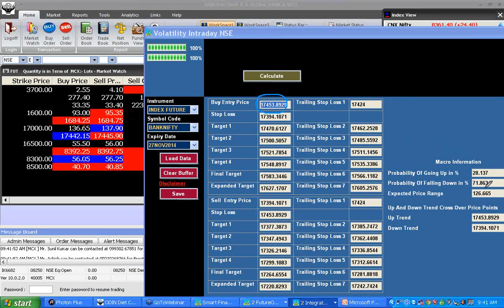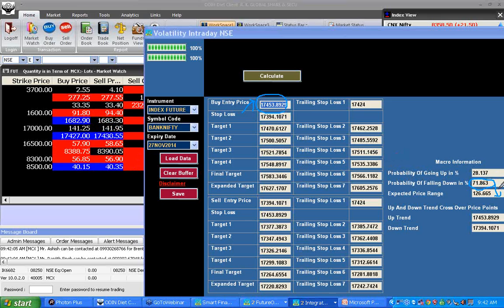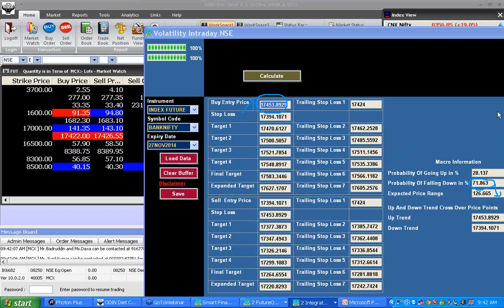However, the probability of falling down is more. You are getting a breakout in the upper side direction, however your probability is indicating you have greater chances to fall down.